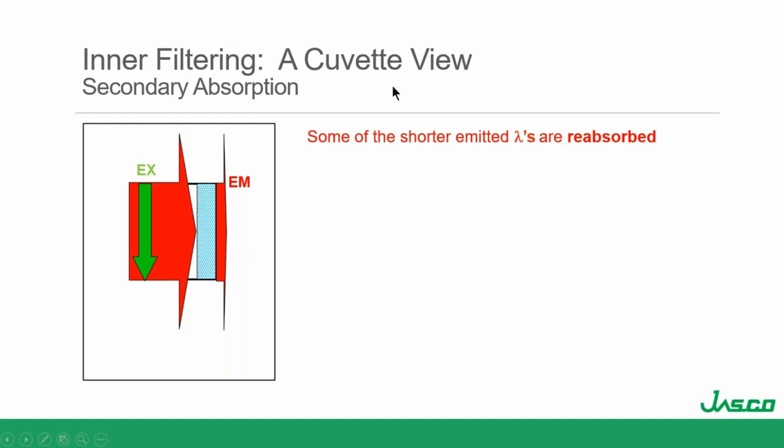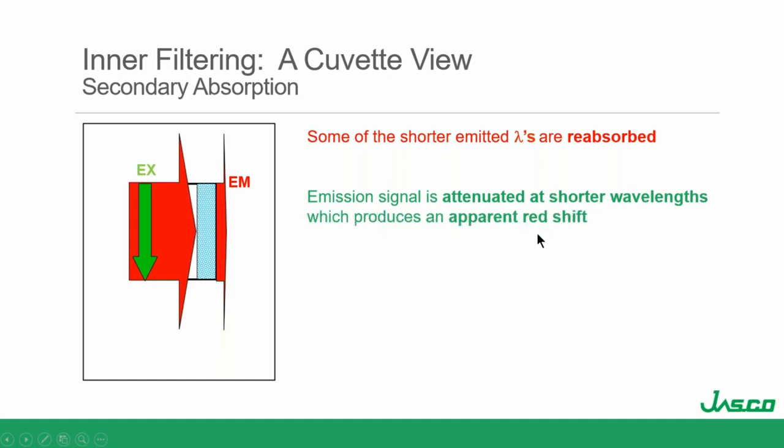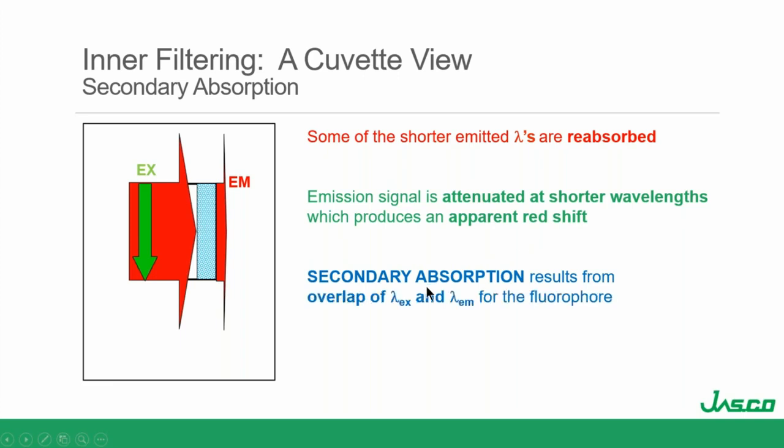Some of the shorter emission wavelengths are reabsorbed by the fluorophore itself. So what happens is we have emission signal that's attenuated at those shorter wavelengths, which kind of produces an apparent red shift. Secondary absorption then is going to result from the overlap of excitation and emission for the fluorophore. And I hope you're thinking of that term we talked about, right?